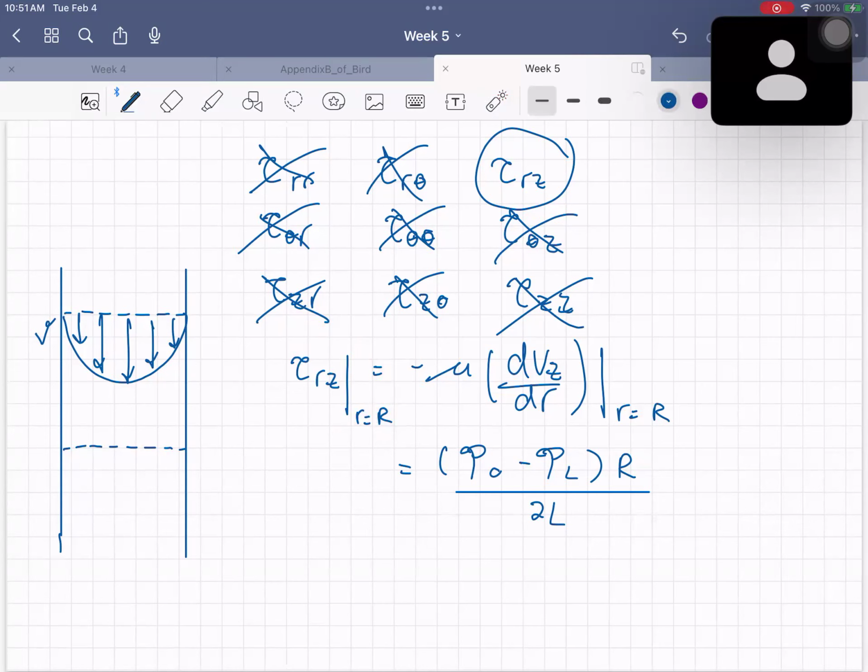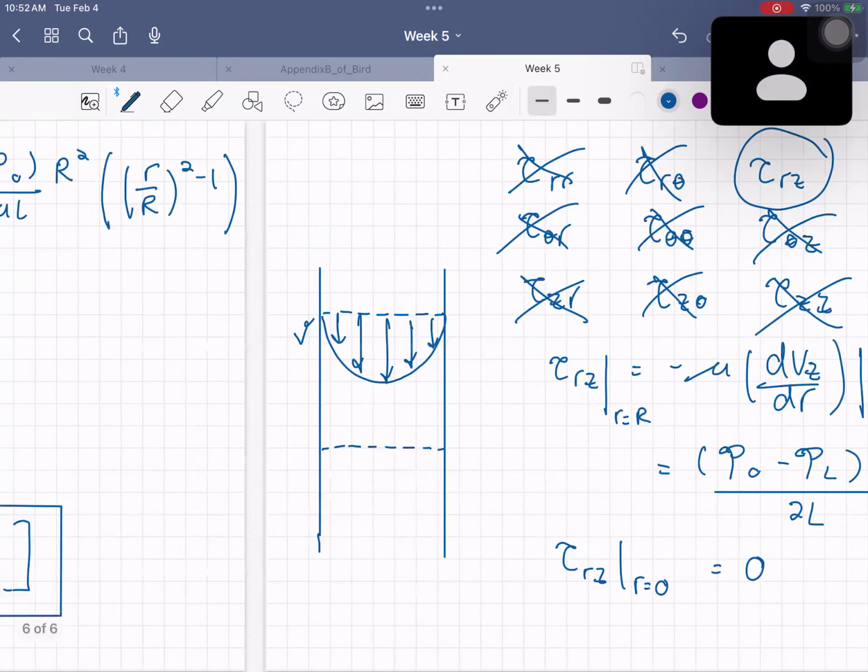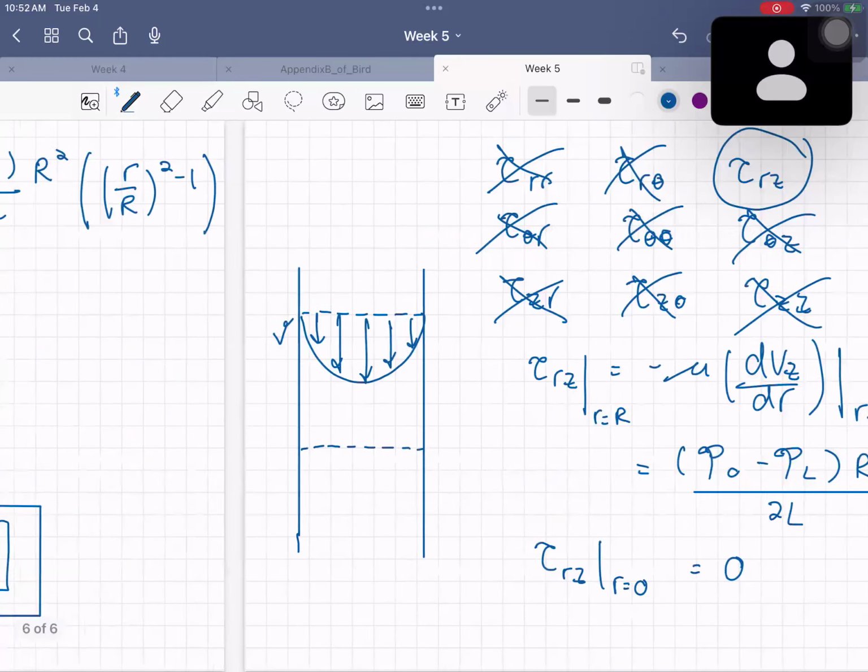But if you consider the shear stress at R equal to 0, the middle of the pipe, how much would it be? It will be equal to 0. Go back and substitute all the terms, it will be equal to 0.